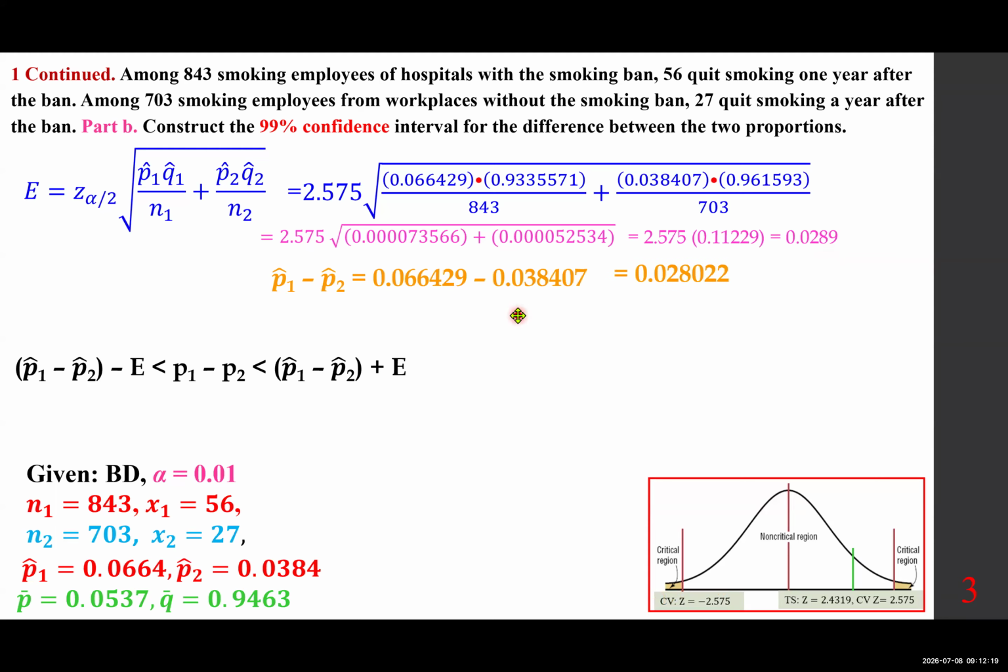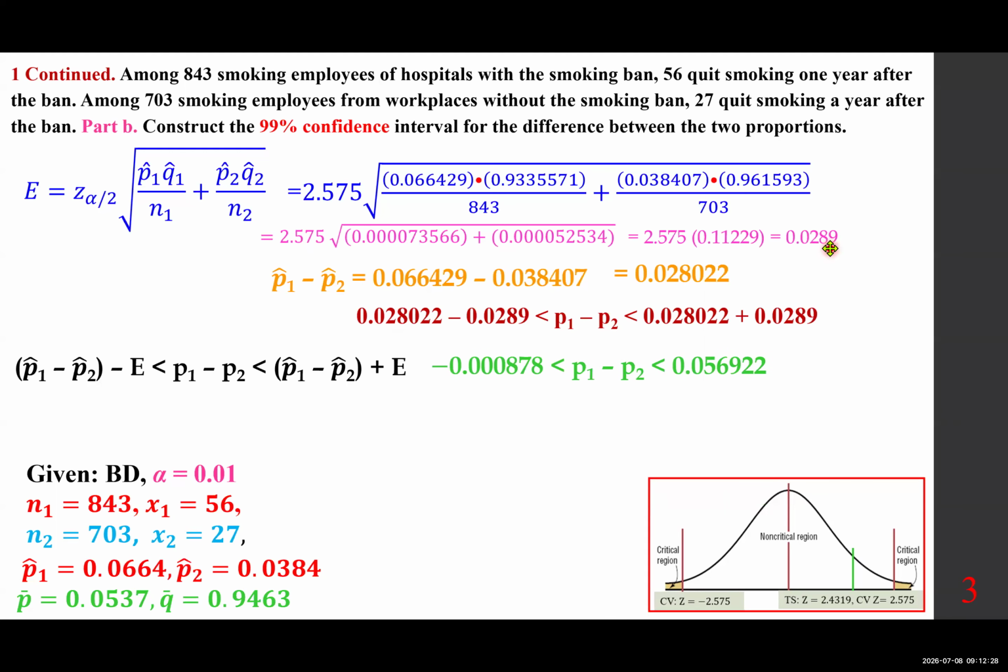And now this number, we are going to subtract and add this number. And so P1 minus P2 happens to be between these two values, negative 0.000878 and positive 0.056922.